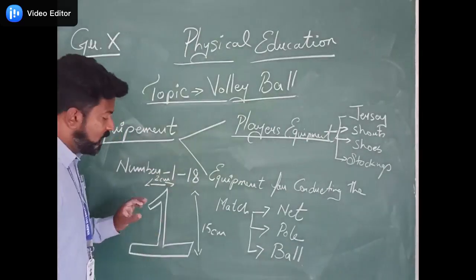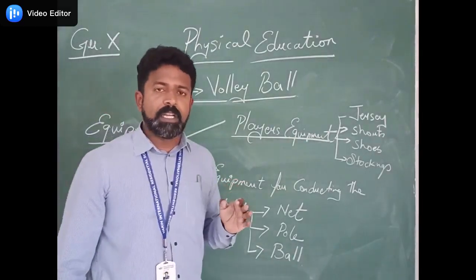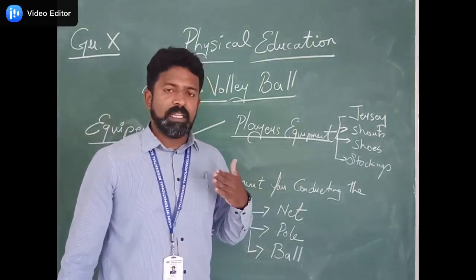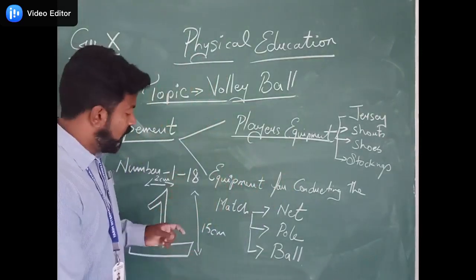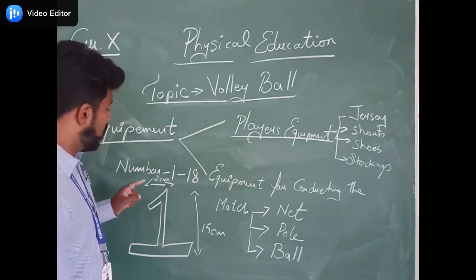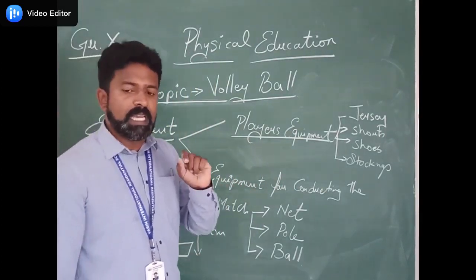That is, the number printed on the front of the jersey should have this dimension: 15 centimeters in height and 2 centimeters in width.